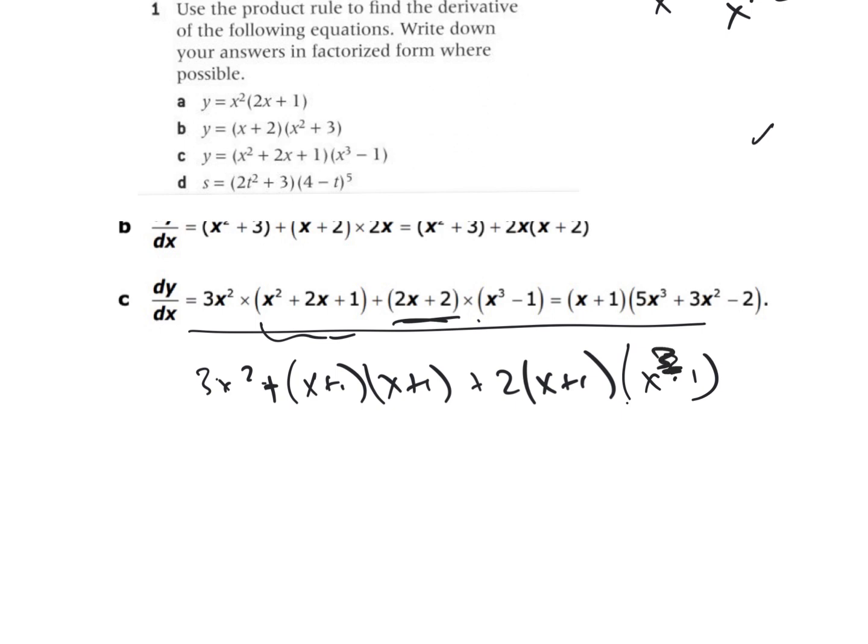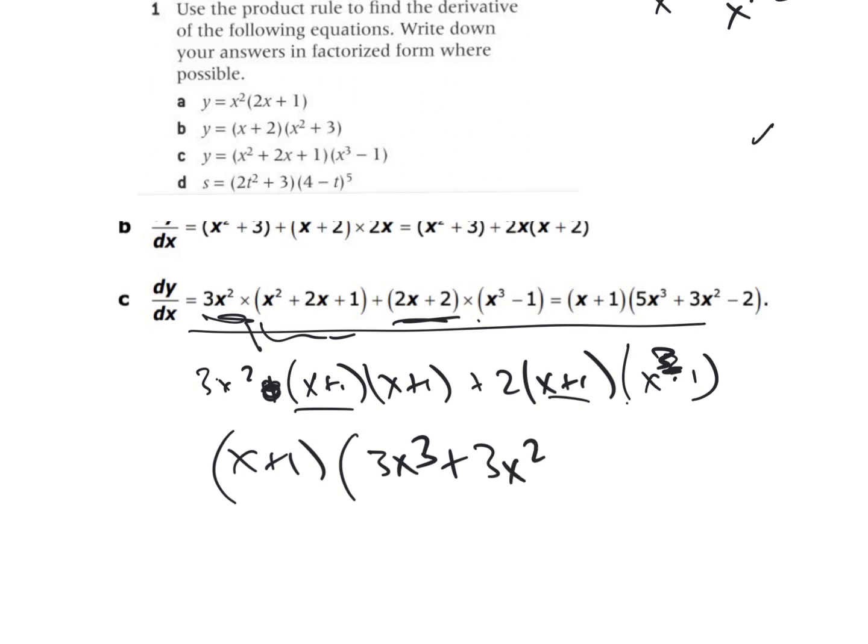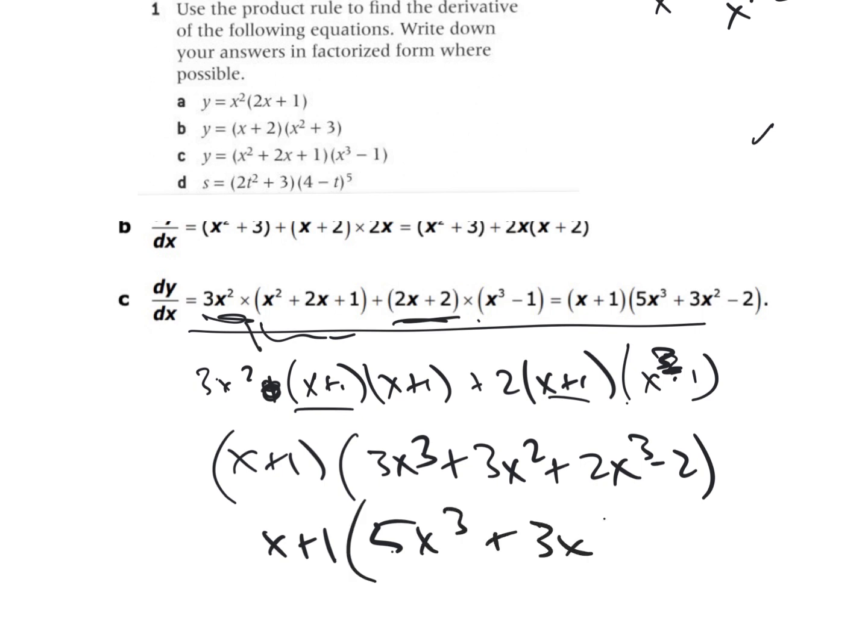And then I can take, because this is multiplied here, from here to here, so I can take out an x plus 1. So I get an x plus 1 I can pull out, and then I'm left with a 3x squared plus 3x cubed plus a 3x squared, and then I get plus a 2x cubed minus 2, which is x plus 1, 5x cubed plus 3x squared minus 2.